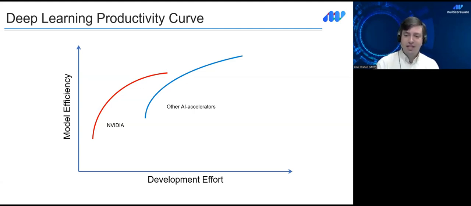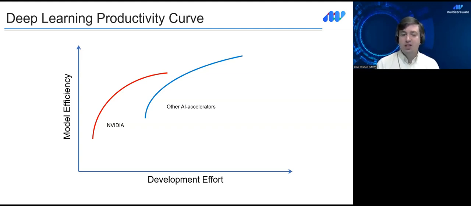The amount of development effort you need to get your model deployed on these other AI accelerators and to reach a certain performance target is larger than the development effort required to get the same degree of performance out of NVIDIA until you get into this regime where their peak performance starts to overtake NVIDIA because they're doing some more custom operations there. So for us, we're looking at this environment and saying, what are the opportunities?